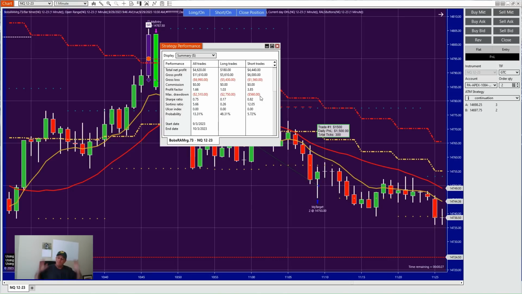And here's the best part: it has a drawdown of $560 total dollars. Remember, that's a trade that goes into profit, comes back, and knocks you out at even. It doesn't mean you lost $560. It just means the max drawdown from the profit high to the low of your P&L gap was $560 max.